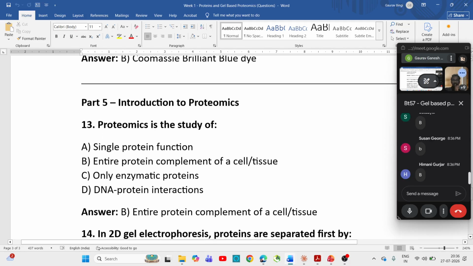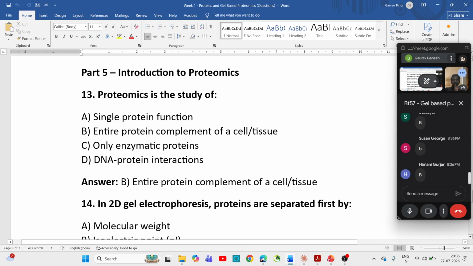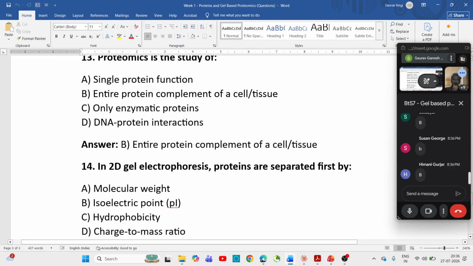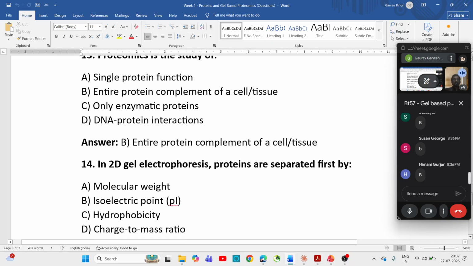Next, in 2D gel electrophoresis, proteins are separated first by what? I just gave an overview of how 2D gel electrophoresis works. There are two techniques.